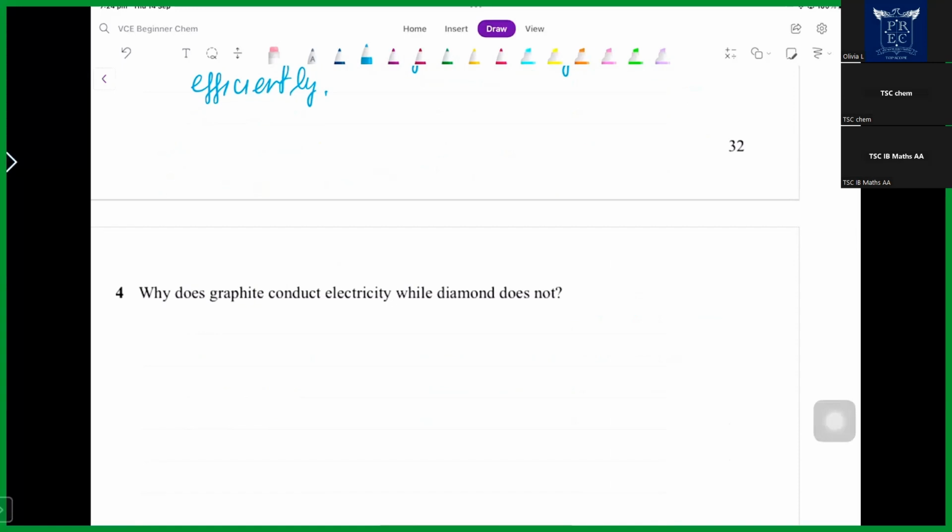So we already know about this because of the free electrons, right? So it's due to its free, not lone pair, it's free mobile electrons.